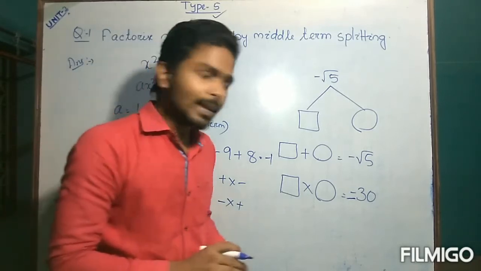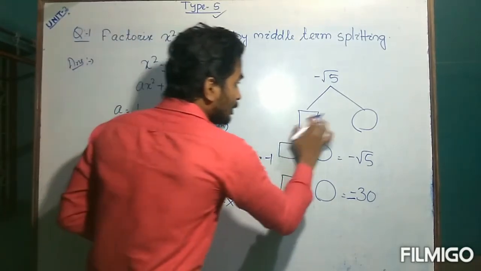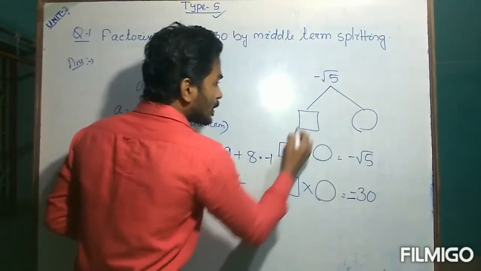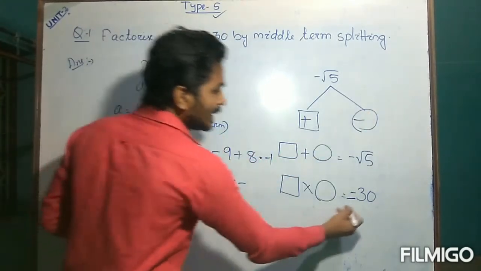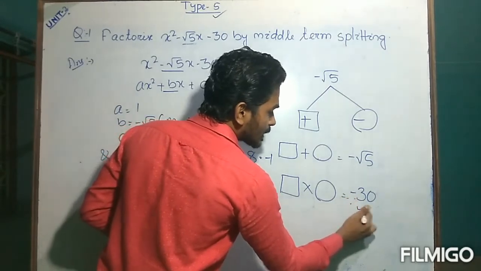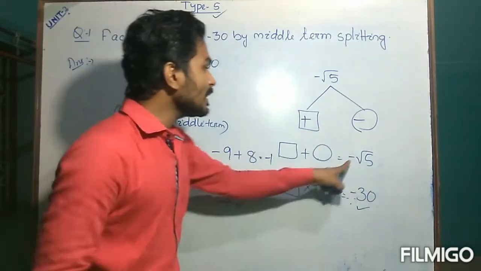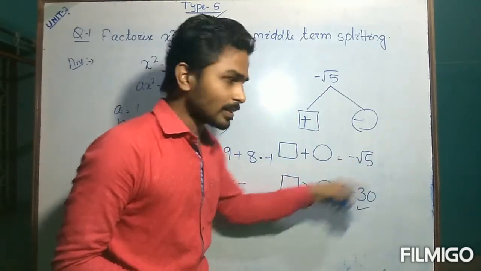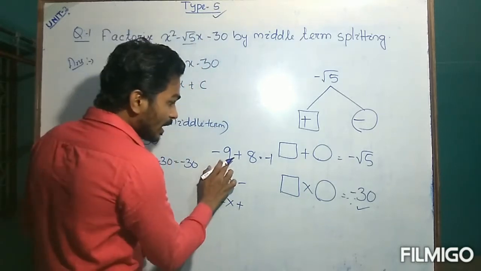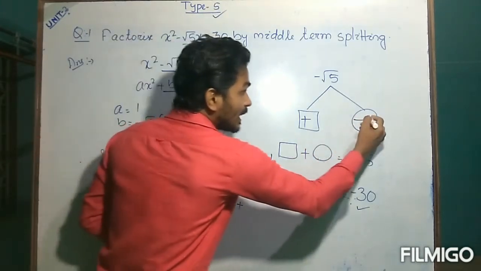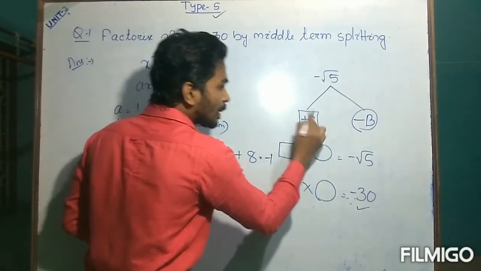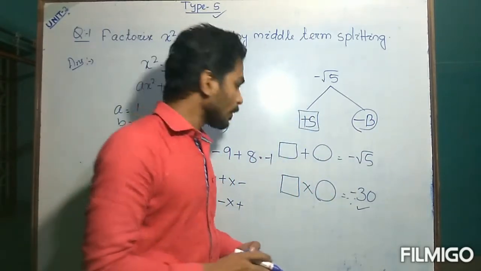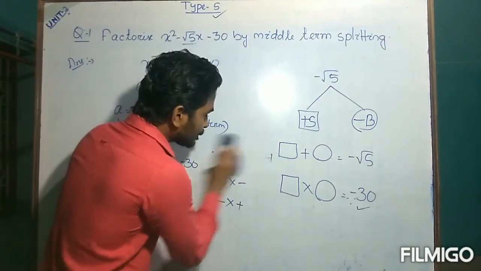Yes or no? Yes. That means between these two numbers, one must be positive and one must be negative, because we need a negative sign in the multiplication. And since we need a negative sign in the addition, the bigger number must be negative and the smaller number must be positive. It is also clear.